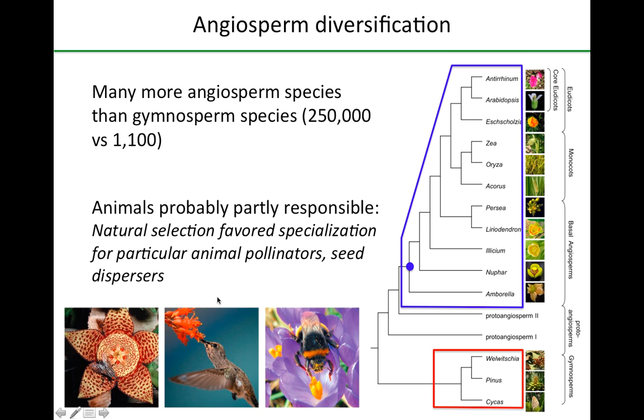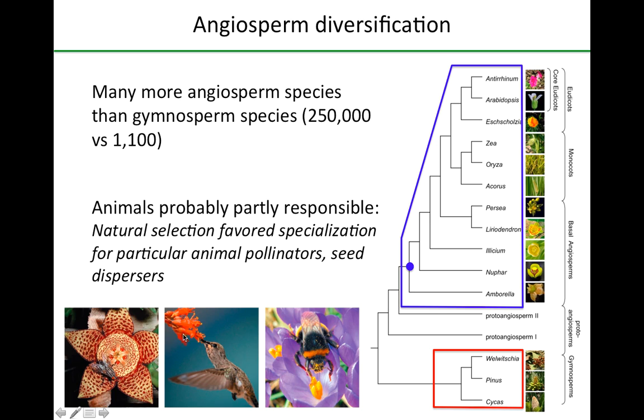The idea here, and this is something we've already talked about a little bit with regards to pollinators, is that if we look around today, a lot of plants are very specialized for a particular kind of animal pollinator. We have the carrion flowers that are pollinated by flies, which are animals that like the smell of rotting flesh. So these flowers smell like rotting flesh and look pink like rotting flesh.